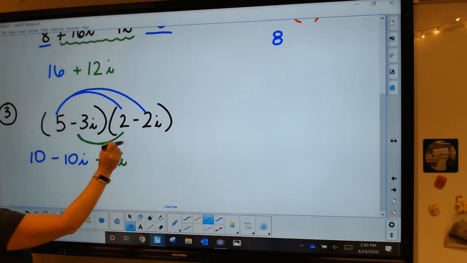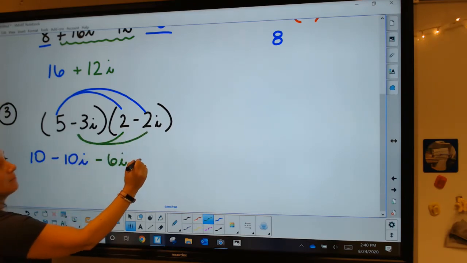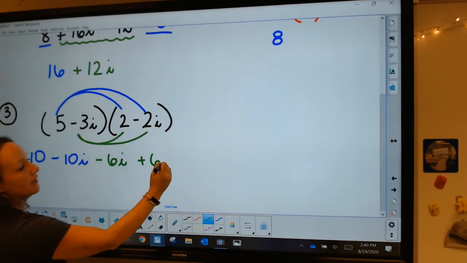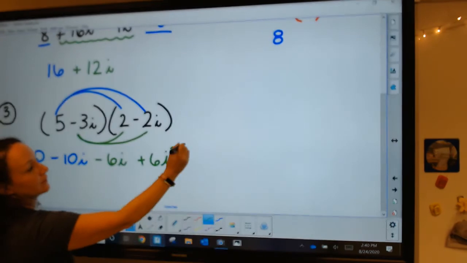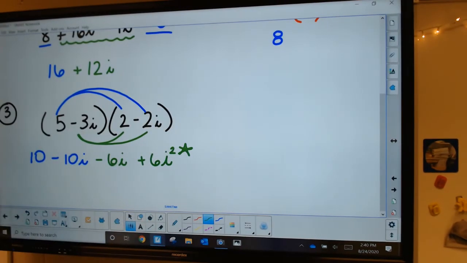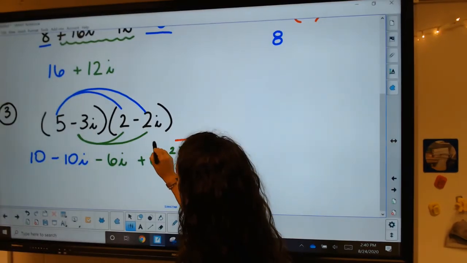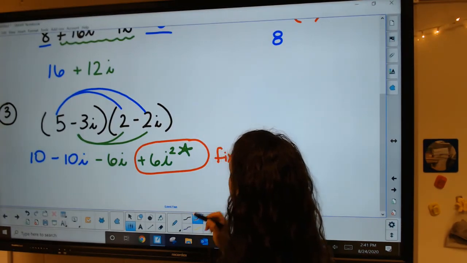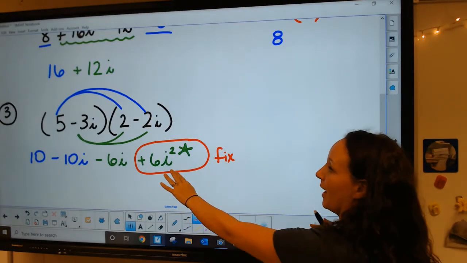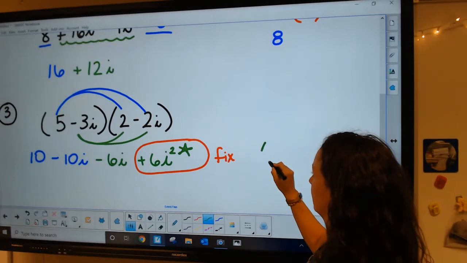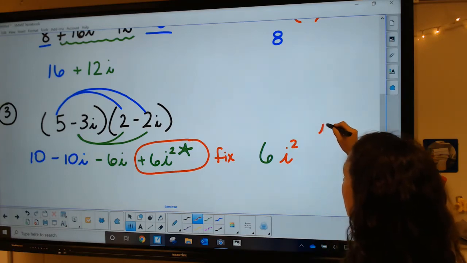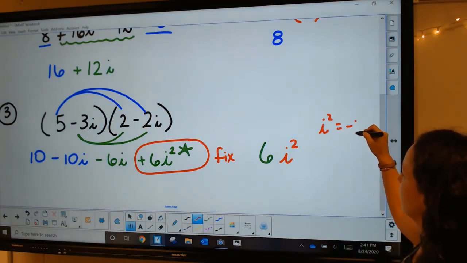And negative 3i times negative 2i makes that a positive 6. i times i is i squared, star. So before I move on, I've got to fix the i squared. So I have a positive 6 times i squared. i squared is negative 1.